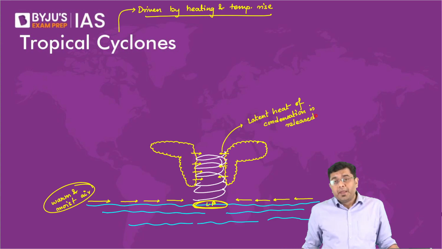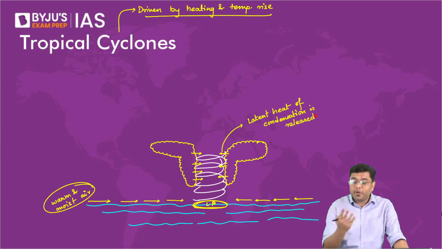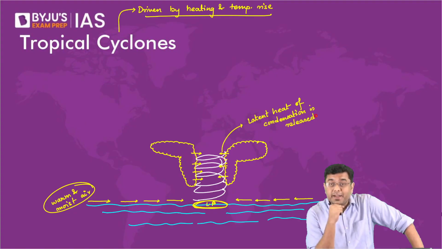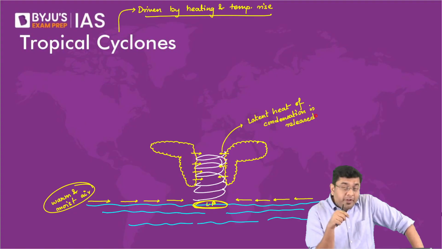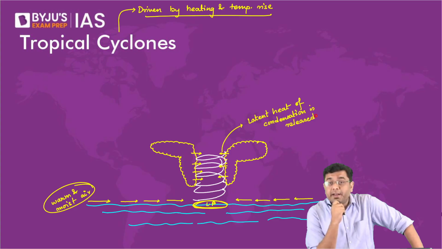Now, if all that latent heat of condensation is released in the central portion, what will happen to the temperature in the central portion? The temperature in the central portion, will it rise or will it fall? The temperature will rise always, right?